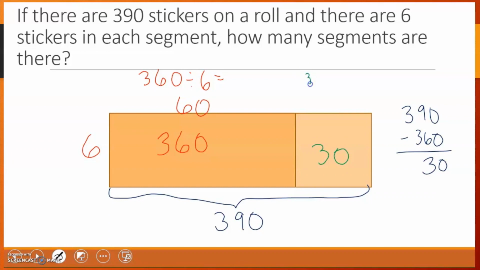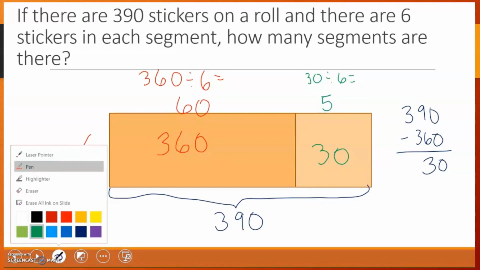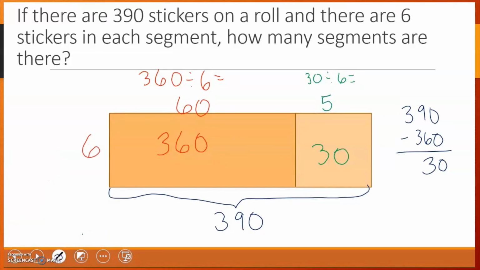So we need to do 30 divided by 6, which equals 5. So an easy way to figure out 390 divided by 6 is to take these two numbers and add them together. 60 plus 5. So we know that it equals 65. 390 divided by 6 equals 65.